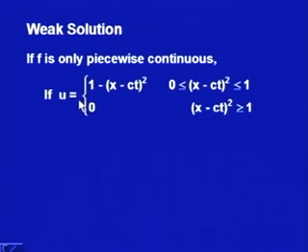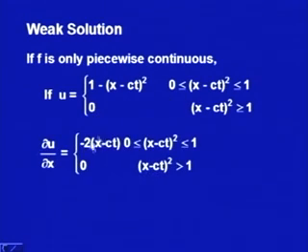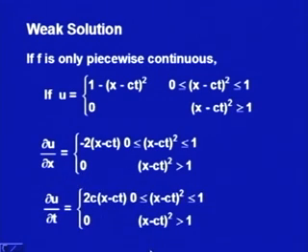We had taken one example of this form, where the function is continuous, piecewise differentiable, but its derivative, del u over del x, is minus 2 times x minus ct in the region where x minus ct whole square is between 0 and 1, that is, x minus ct is from minus 1 to plus 1, and outside we get that both of these derivatives are not continuous. Then we call this solution a weak solution. Of course, it satisfies the equation, but its derivatives are not continuous, so it is called the weak solution.